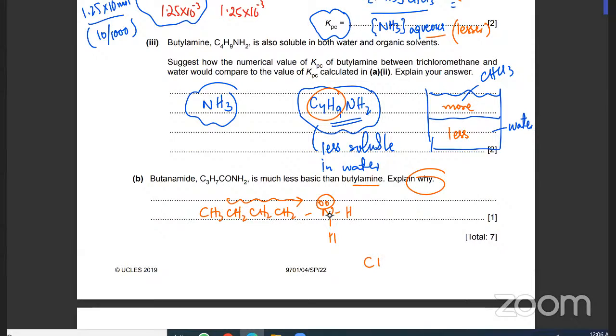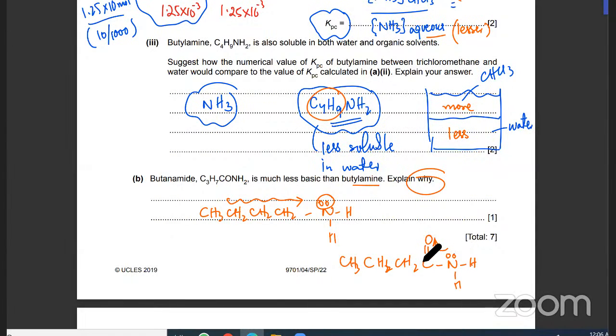What about the other one? When you have an amide, which is C double bond O, and there's another CH3 as well, and NH2. This is butanamide. What happens in this case is that there's an electron withdrawing effect. There's an oxygen next door which is electronegative, so it has an electron withdrawing effect.